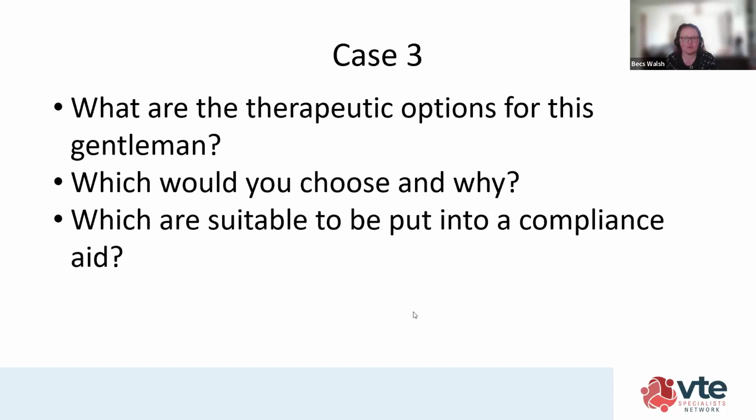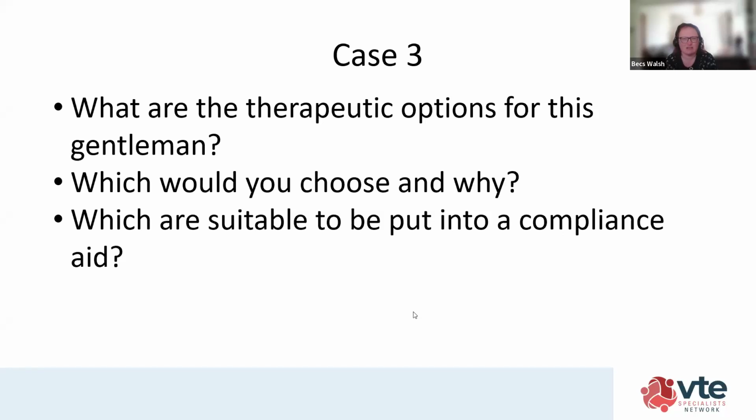Yes, I suppose bilateral PE, you might think, all right, let's get a low molecular weight heparin in for a little while, especially if he's an inpatient with a high PESI score. Might seem reasonable to give him 5, 7, 10, 21 days of low molecular weight heparin and then switch to a DOAC.